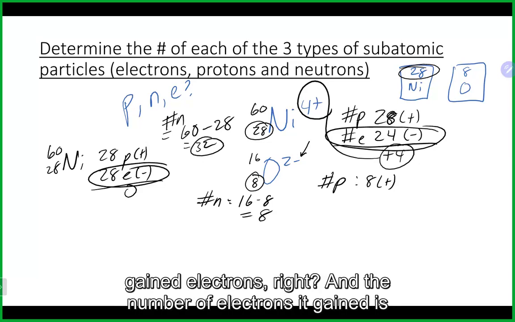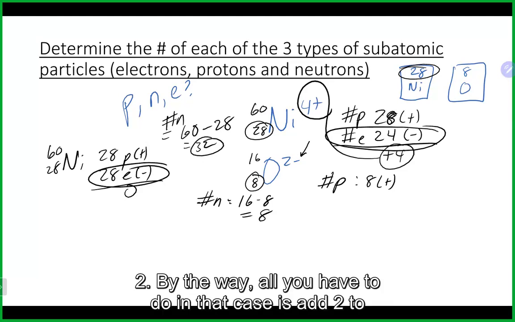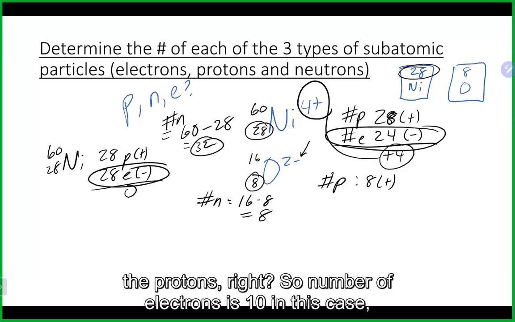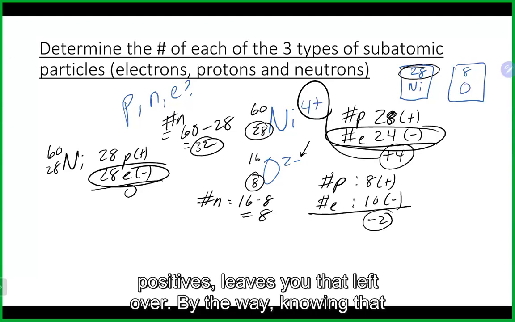The number of electrons it gained is 2. By the way, all you have to do in that case is add 2 to the protons. So the number of electrons is 10 in this case, given it's -2: 10 negatives, 8 positives, leaves you that left over.